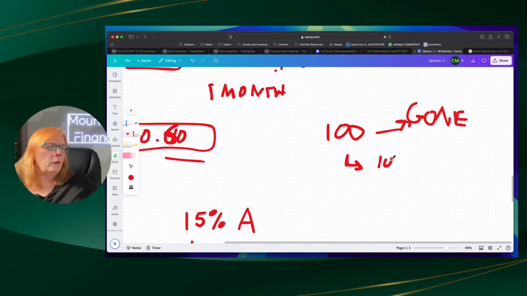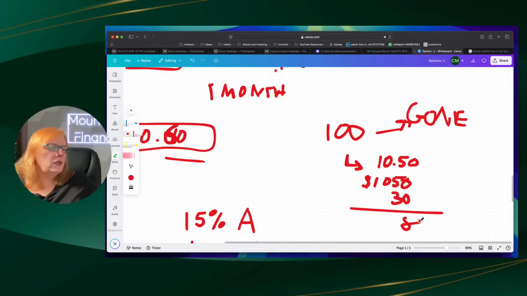So 1050 times 100, $1,050. So they give you that $1,050. This time you only had 100 shares, so you're only going to get $30 here on this one.